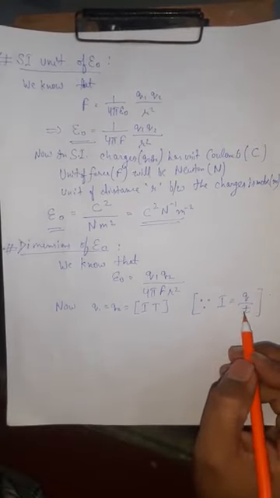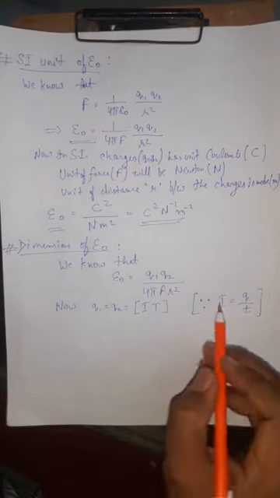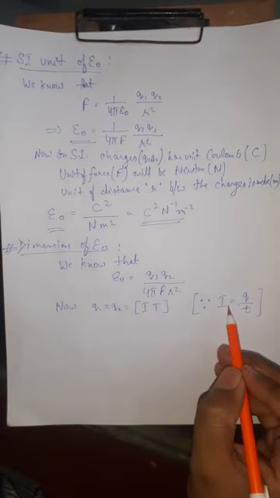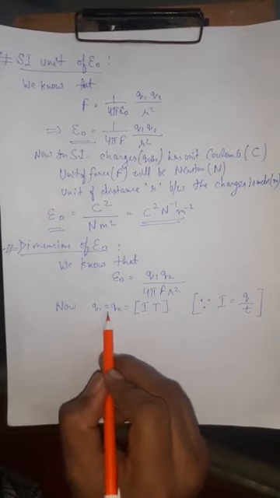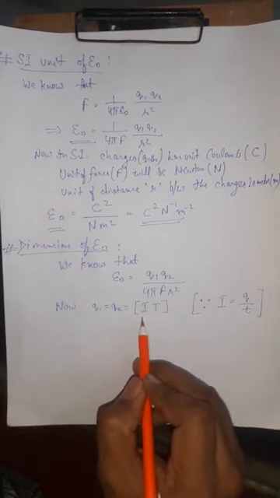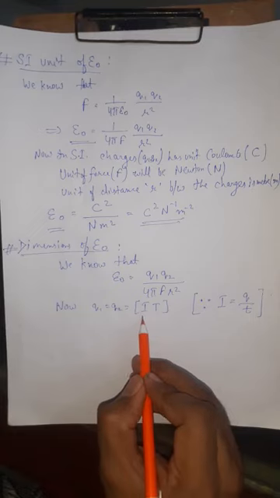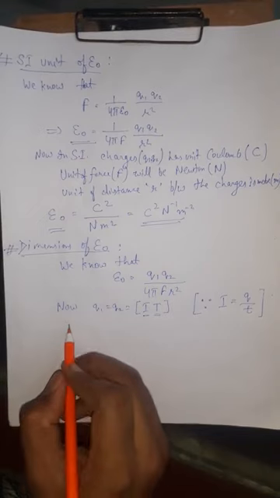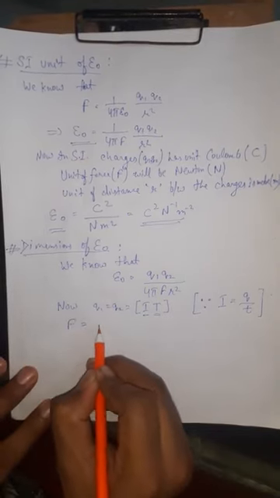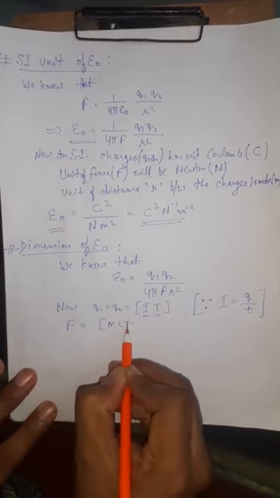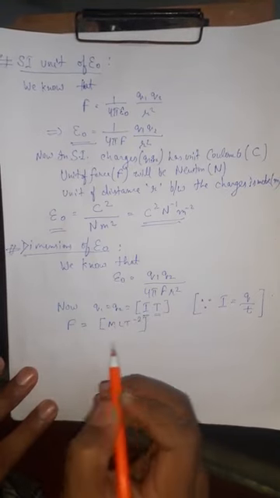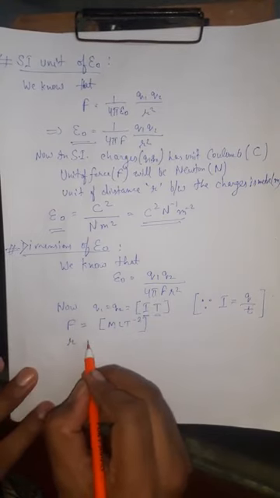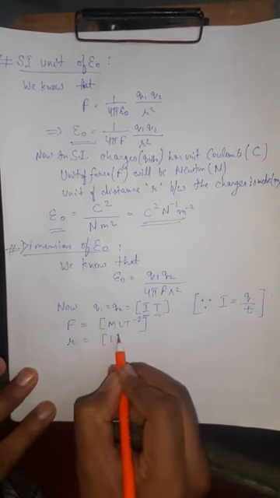In 11th class we have studied about the fundamental quantities. So time is a fundamental quantity, and current is a basic quantity. So any dimensions, any unit will be represented in terms of fundamental quantities. Here I represents the current, T represents the time. Also, dimension of force will be MLT minus 2. In the same way, dimension of R will be equal to L.